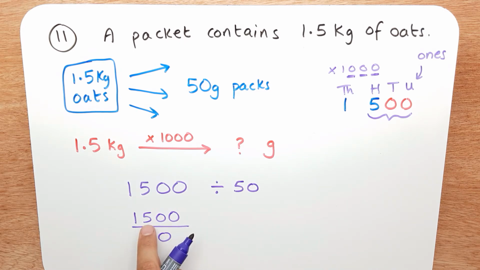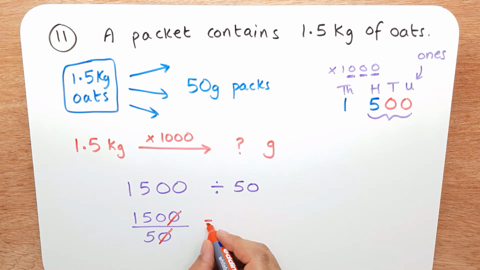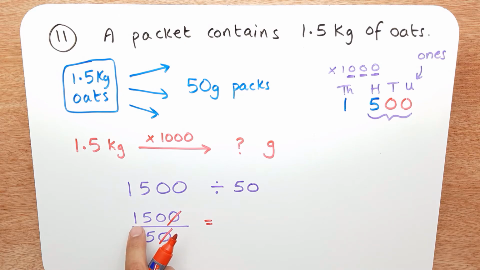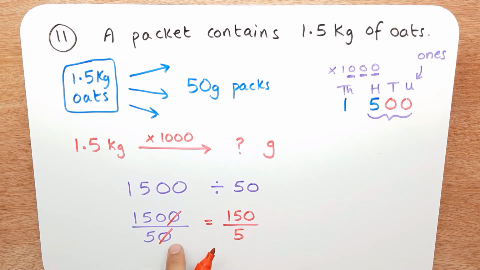So 1500 shared by 50. This is how I like to see it. Because they've got zeros at the end, I can cross them off. So what I've really got is 150 at the top as the numerator, shared by 5. So this is how I'm thinking now to make my calculation easier.